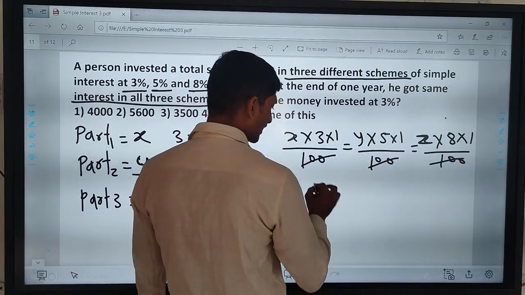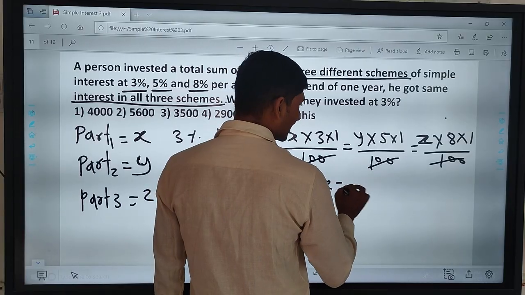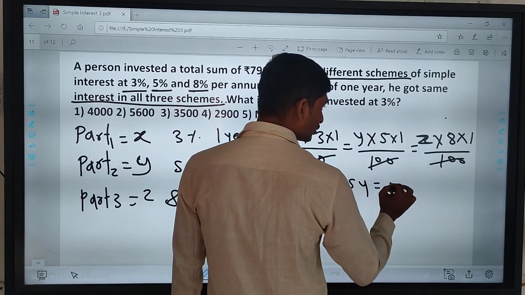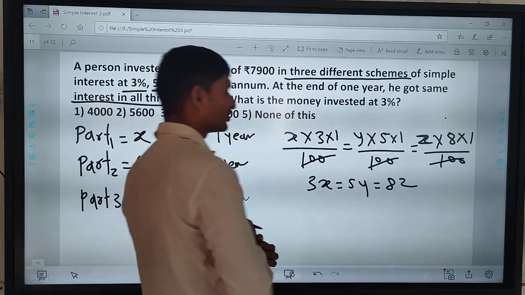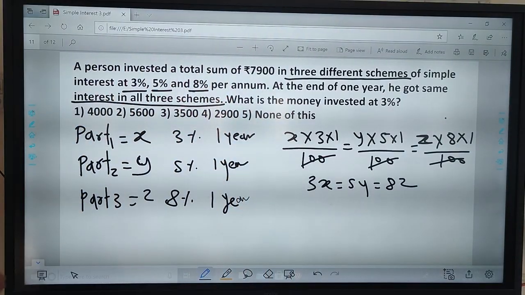Here 100 gets cancelled. Then here 3x is equal to 5y is equal to 8z.